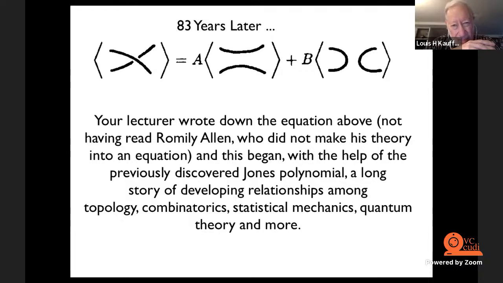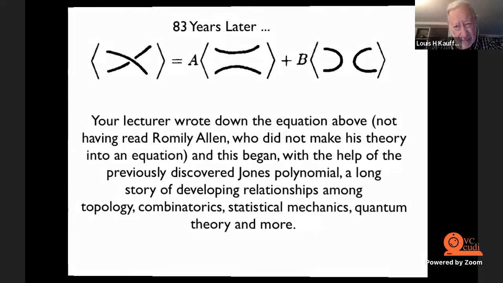And with appropriate coefficients and normalizations, that turns out to be an invariant of the knot. This sum over states is the machinery behind some of the things I'm going to talk about here.